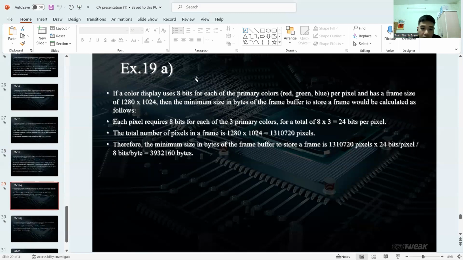Each pixel requires 8 bits for each of the 3 primary colors, for a total of 24 bits per pixel. So the total number of pixels in the frame is 1310720 pixels. Therefore, the minimum size in bytes of the frame buffer is 1310720 pixels multiplied by 24 bits per pixel.